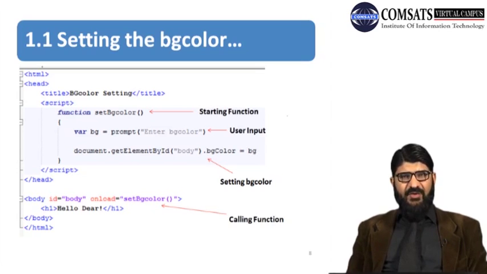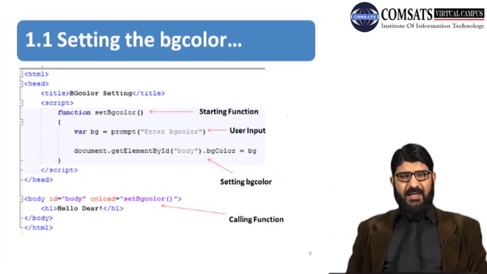where the value from the user is entered for the background variable, that is bg. Then using that background color we have mentioned the method to set the background color, that is document.getElementById.